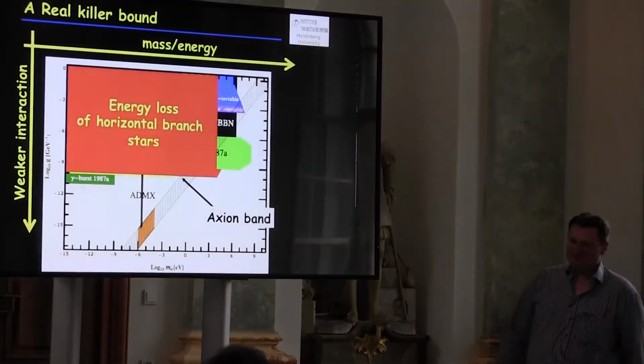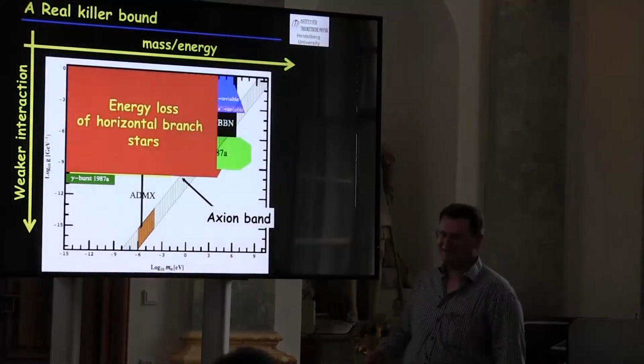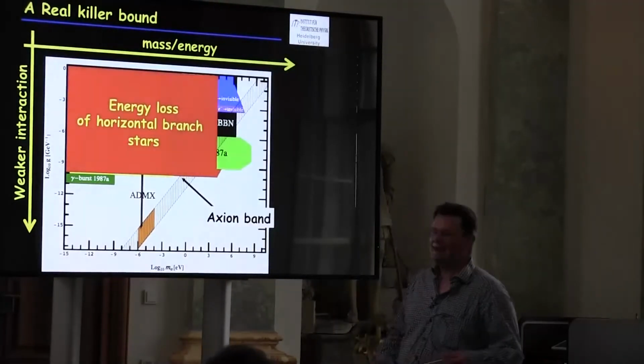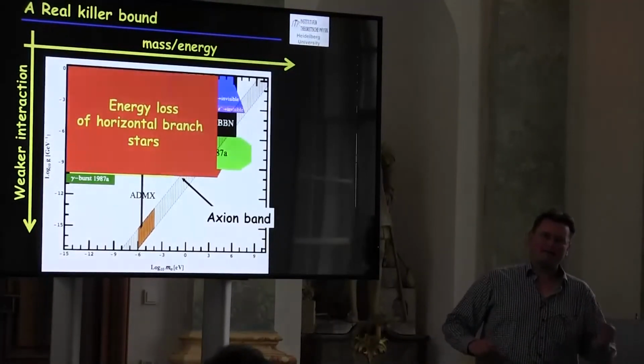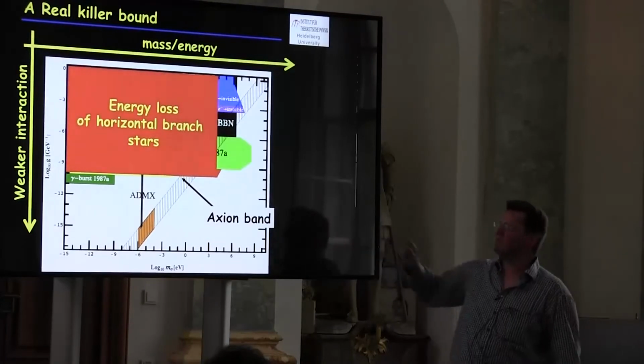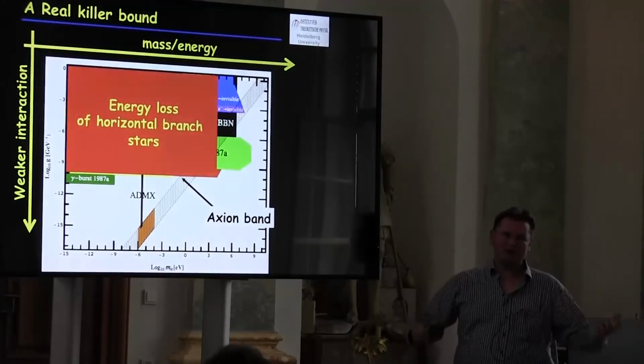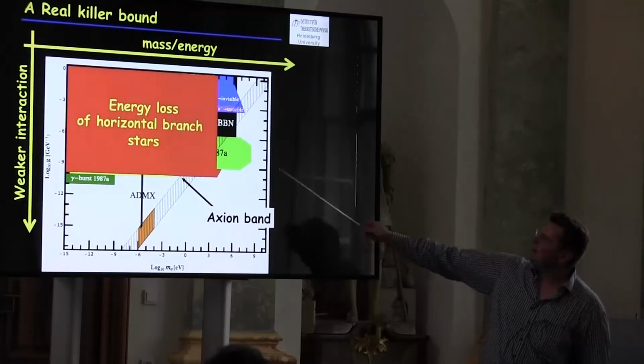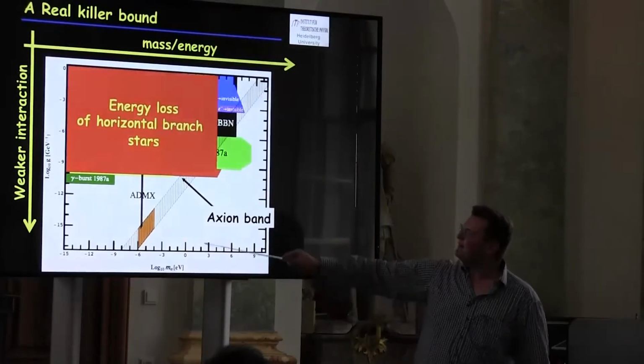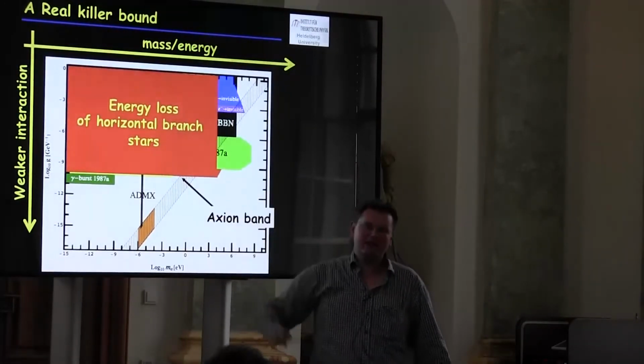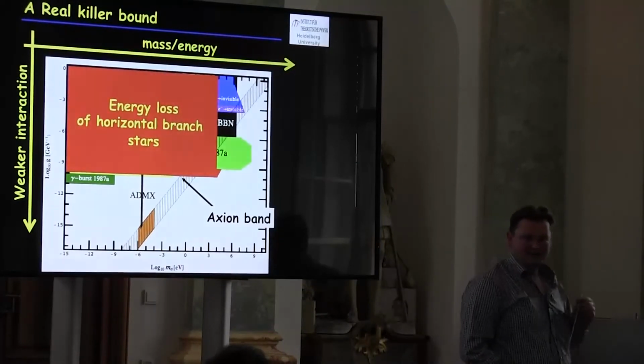However, if you do it properly, if you take into account that the sun has been around for 1 billion years, and indeed, if you look at some other stars, so-called horizontal branch stars, you count them, you measure their energy loss effectively. This really increases by a few orders of magnitude, so you come down to 1 over 10 to the 10 GeV.